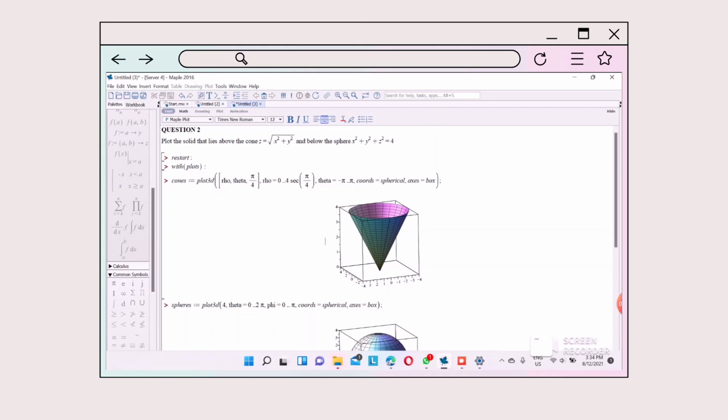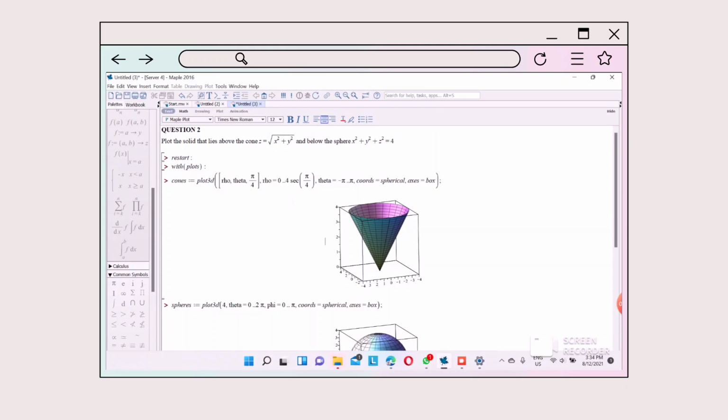First, use the restart and with(plots) command to plot the graph. Next, use plot3d to plot the cones graph. So rho, theta, pi over 4 are the coordinates for the spherical cone, where pi over 4 is the value of phi for the spherical cone, and the range of rho is 0 to 4 secant pi over 4.